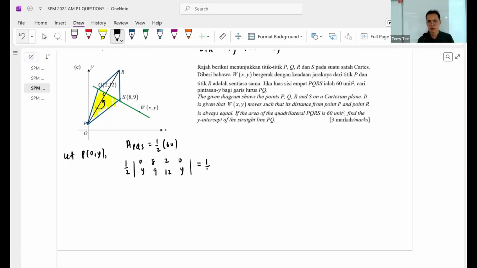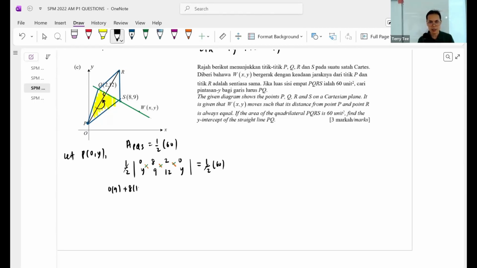So I like to just write half of 60 so I can cancel this two. So it's 60. Let us multiply downwards, minus multiply upwards. When you multiply downwards, this is 0 times 9. Guys, you got to show your working.